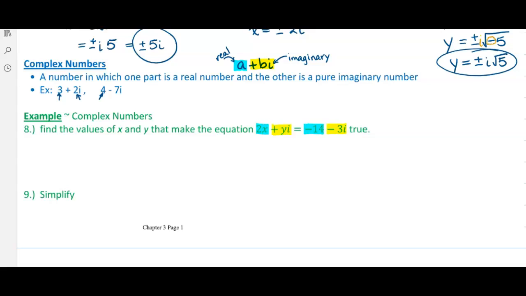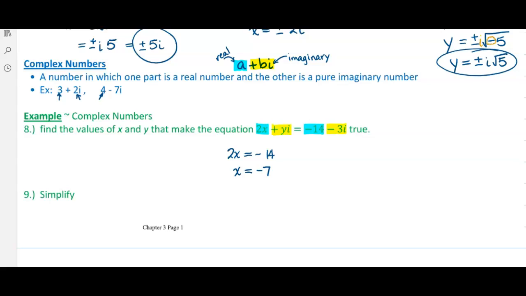Because if these two numbers, 2x plus yi and negative 14 minus 3i, are equal, that means their real parts have to be equal and their imaginary parts have to be equal. So just looking at the real parts, I'm going to pull them off to the side. 2x equals negative 14. What does x need to be so that the real parts are equal? Well, divided by 2, x has to be negative 7.